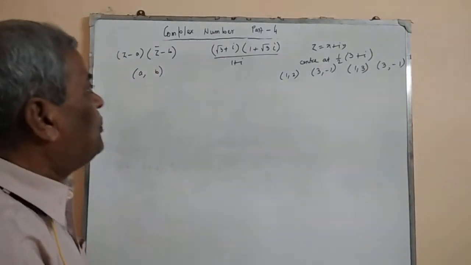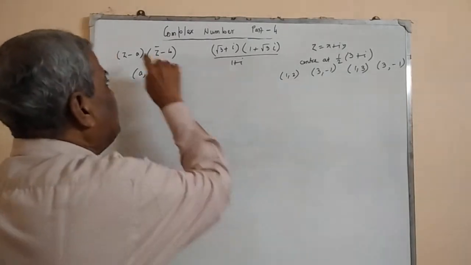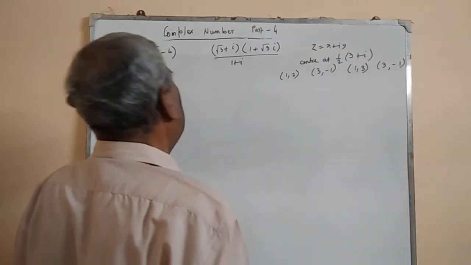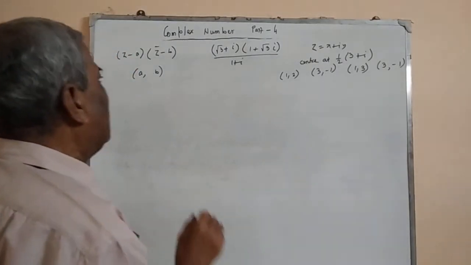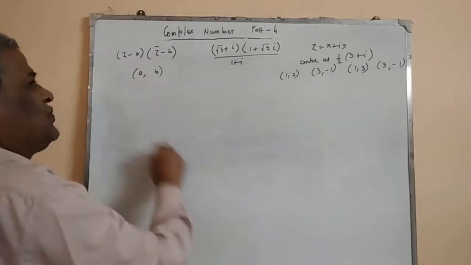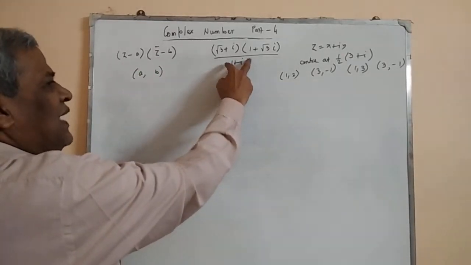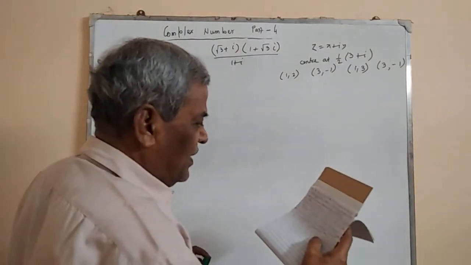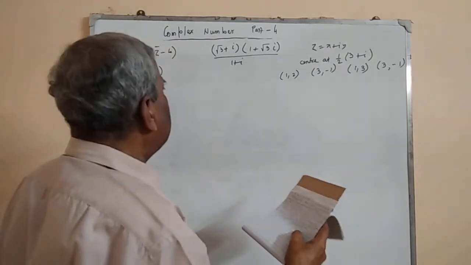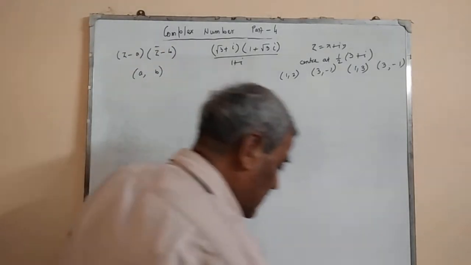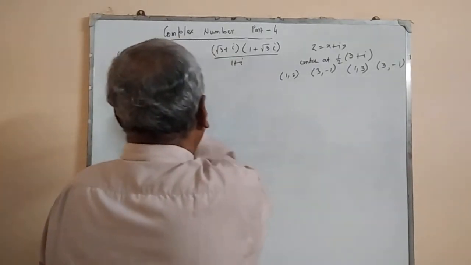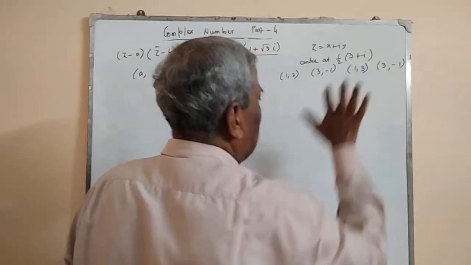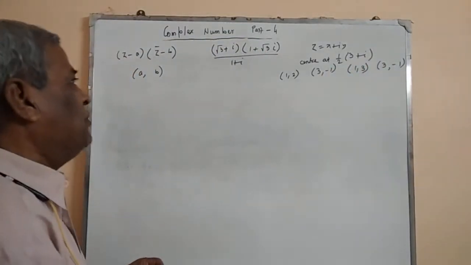So the problem is: z is a complex number, a and b are real numbers, and given that argument of this is equal to argument of that, and locus of z is a circle with center at half into (3 plus i), then find the value of a and b.